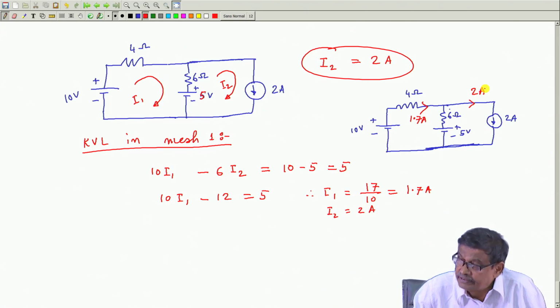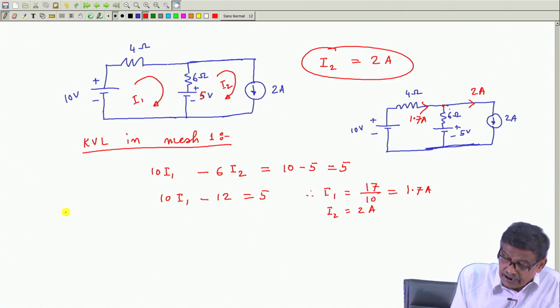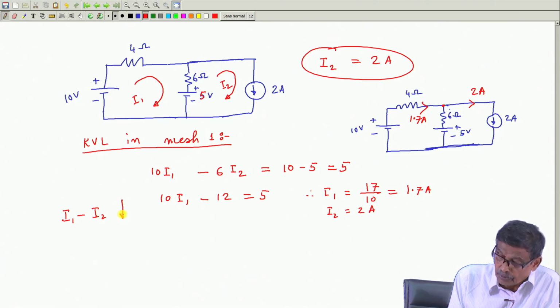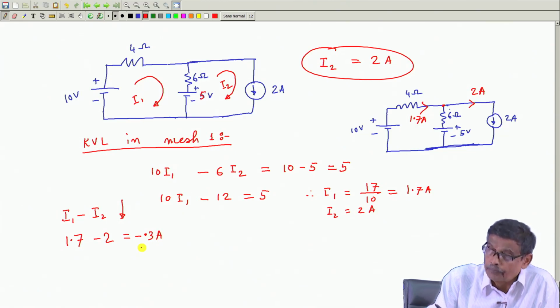Now, apply KCL here. This branch current will be how much? I 1 minus I 2 if you write from top to bottom. What is I 1? I 1 is 1.7 minus 2 ampere. So, this will become minus 0.3 ampere, 0.3 ampere from top to bottom.